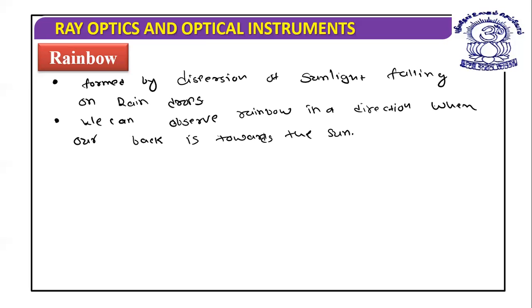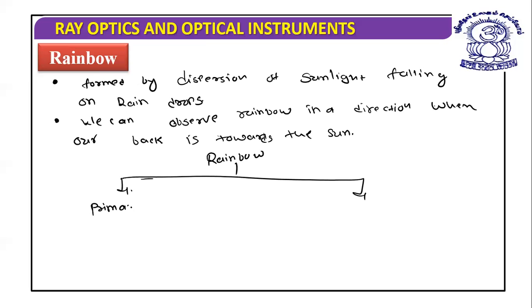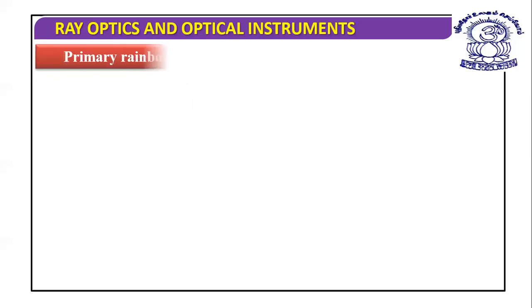We can have two types of rainbows. One is the primary rainbow and the other one is the secondary rainbow. Let us see the formation of these rainbows one by one.